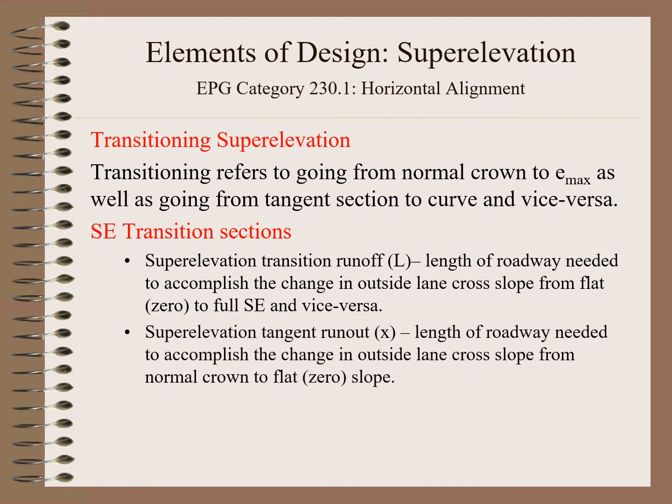The superelevation transition runoff is the length of roadway needed to accomplish the change in outside lane cross-slope from flat or zero cross-slope to full super and vice versa, while the superelevation tangent runout is the length of roadway needed to accomplish the change in outside lane cross-slope from normal crown to flat or zero cross-slope.